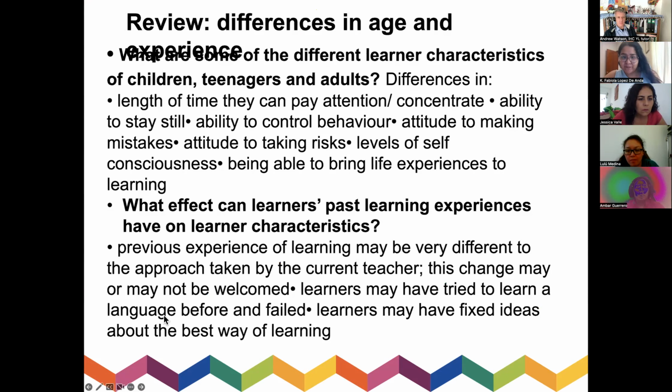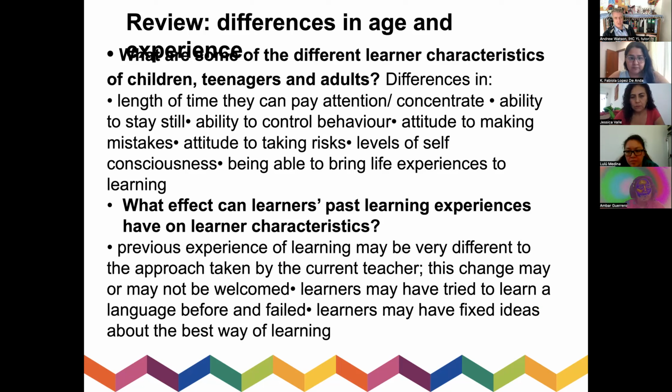Yeah, great. I'm glad you're drawing on your own experiences here. So some of the learner characteristics of children, teenagers, and adults. You'll find that there are differences in the length of time that they can pay attention or concentrate. Their ability to stay still is much less with children.